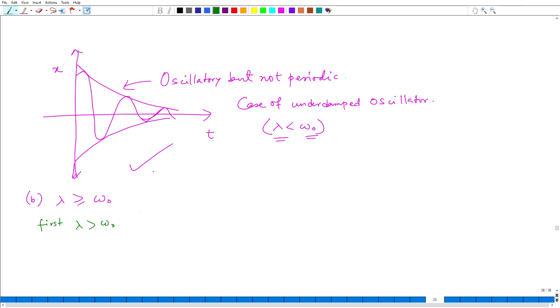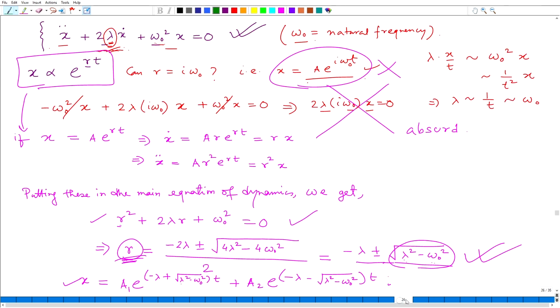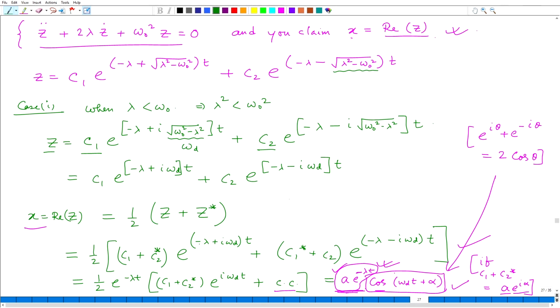Then z will be equal to C1 e to the minus lambda plus root over lambda square minus omega 0 square t, plus C2 e to the minus lambda minus root over lambda square minus omega 0 square t. If you remember, I was calling this root omega d. So, this is omega d.